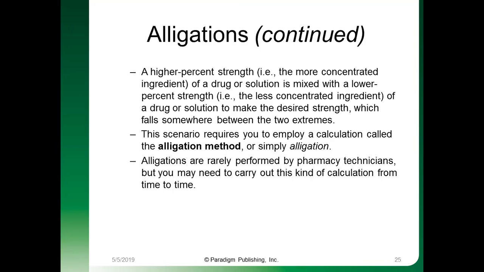So you're going to have to compound this medication using what you have available in the pharmacy. And sometimes you have to combine a higher percent strength and a lower percent strength in order to meet in the middle to get the desired medication that the prescriber wants.